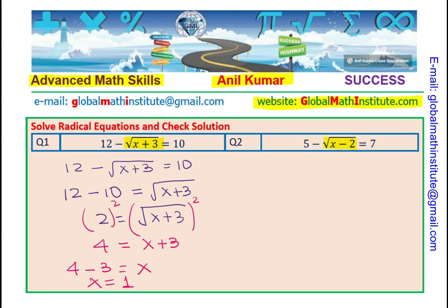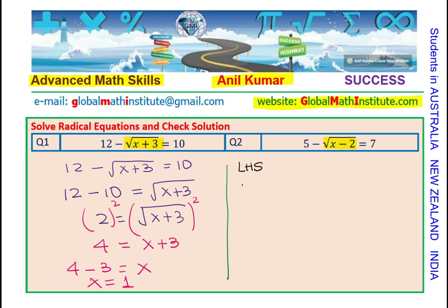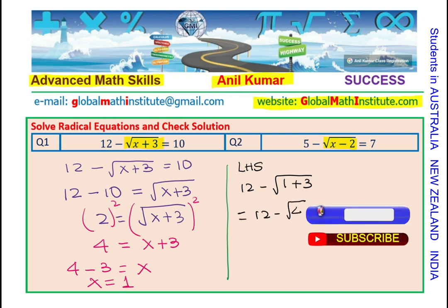So let's check our result. To check, we'll begin with the left hand side. We have 12 minus square root of x plus 3. Instead of x, I'm going to put 1. And this is equal to 12 minus square root of 4, which is 12 minus 2, and which is indeed 10, which is the right hand side.